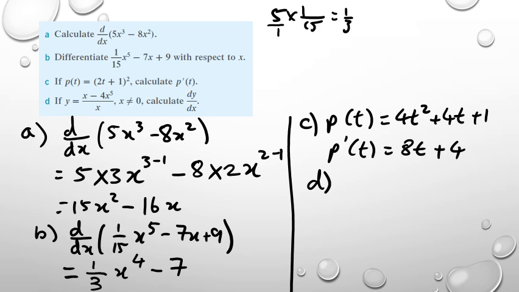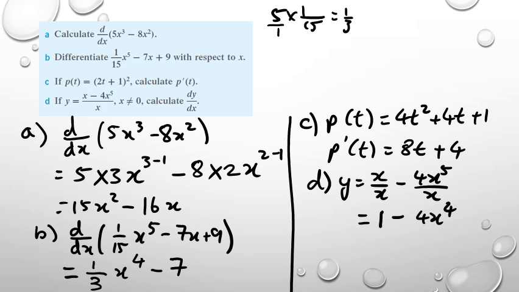D. If y equals all of that, calculate dy dx. So same thing. Make sure you factorize it first. Now if you're not sure on how to do that, separate the fraction. Like so. Once you've done that, x over x is 1. 4x to the power 5 divided by x is?